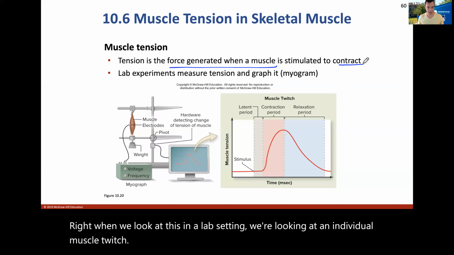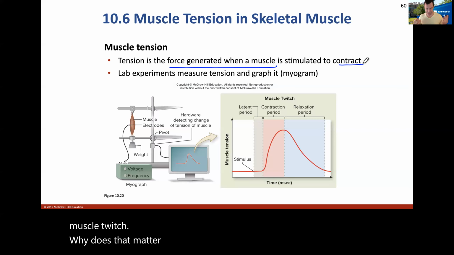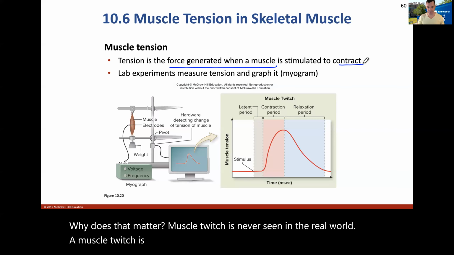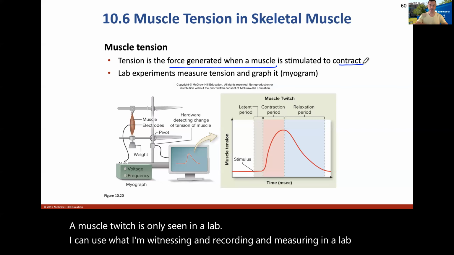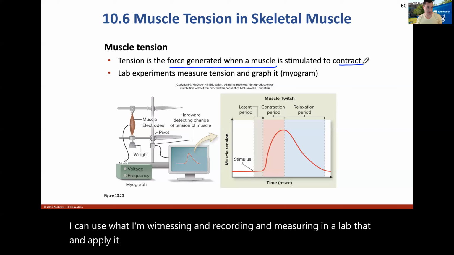Why does that matter? A muscle twitch is never seen in the real world. A muscle twitch is only seen in a lab. But I can use what I'm witnessing and recording and measuring in a lab, the twitch, and apply it to the whole dang muscle itself.